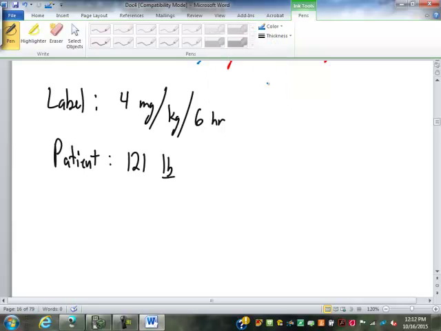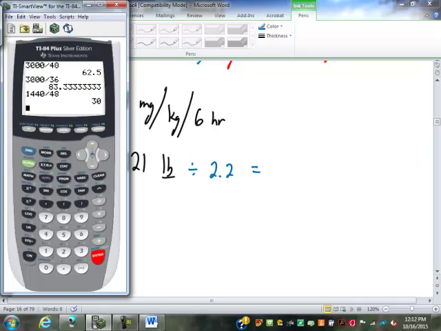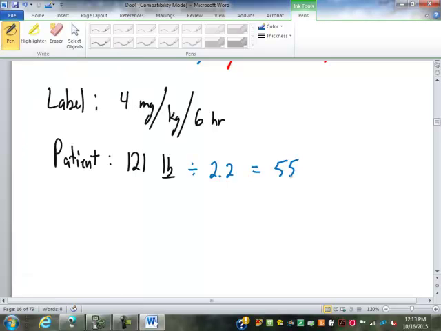First thing we have to do here, since this label is in milligrams per kilogram, we have to get the patient's weight in kilograms. Now, the conversion between pounds and kilograms, anybody remember? 2.2, very good. To get from pounds to kilograms, you're going to have to divide by 2.2. So 121 divided by 2.2 is 55 kilograms. So this patient is 55 kilograms.